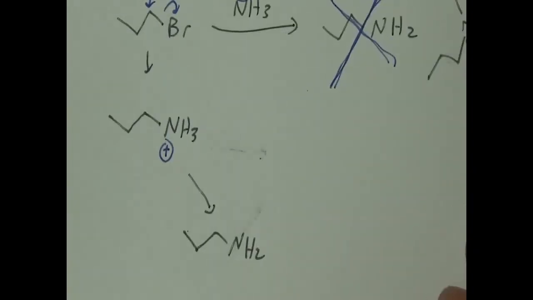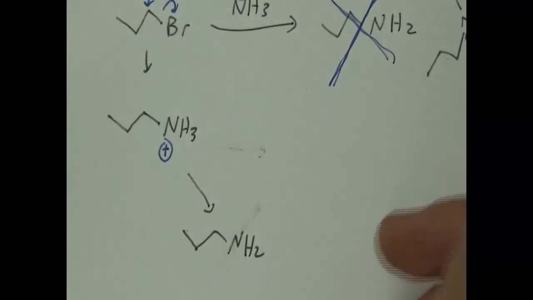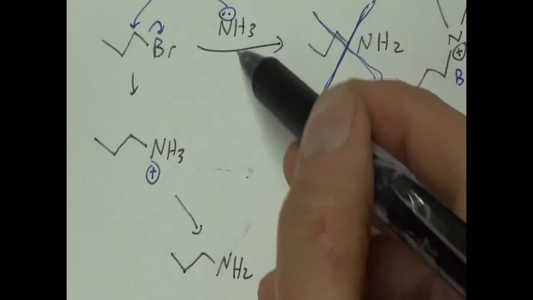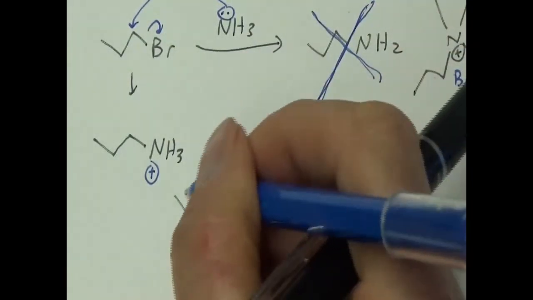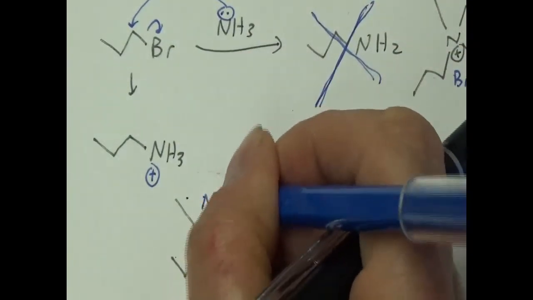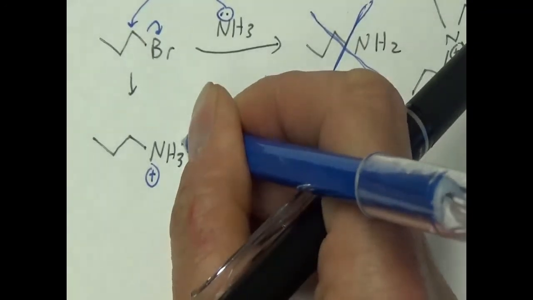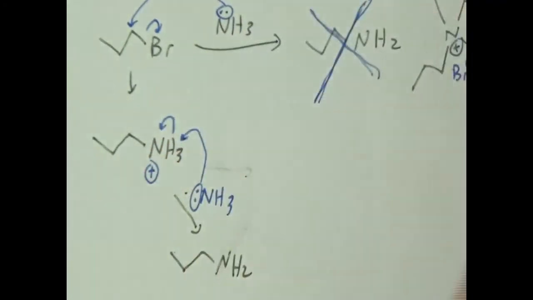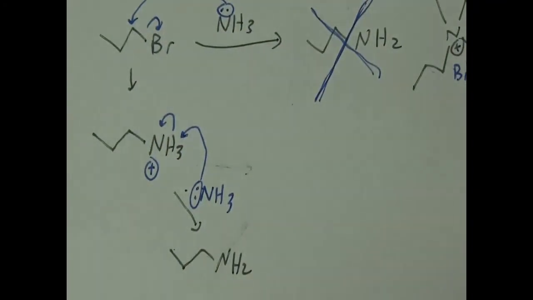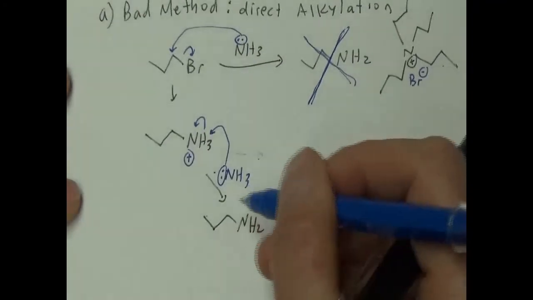Okay, how do we remove a proton? With a base. Do we have any bases around? Well, ammonia is actually a good nucleophile and a good base, a moderate base, good enough for this purpose. So ammonia just rips off one of the protons, takes electrons onto nitrogen. All right, we're cool. We made what we want.